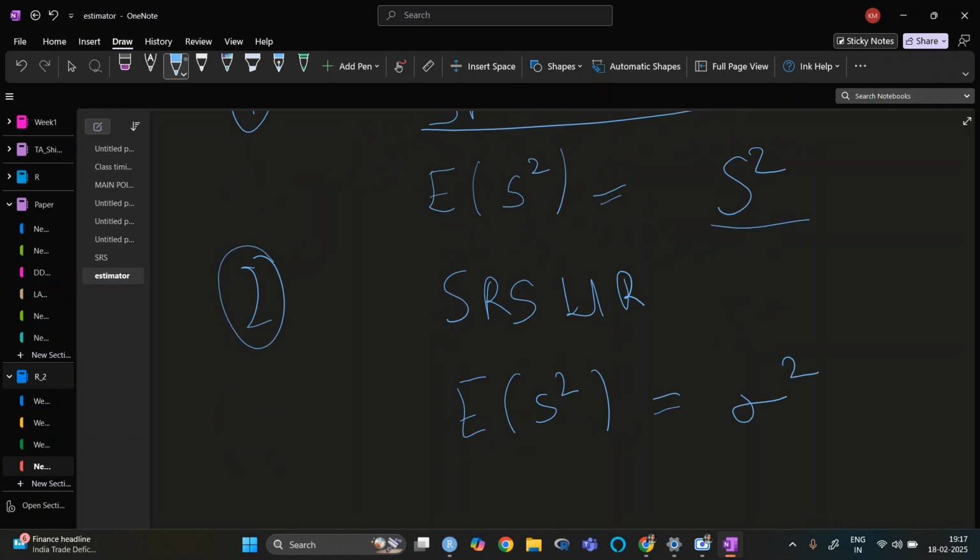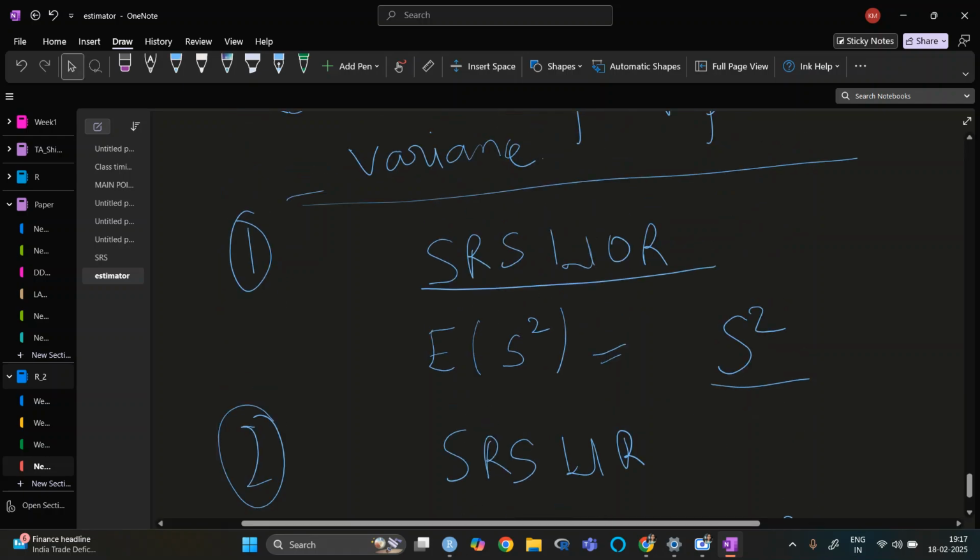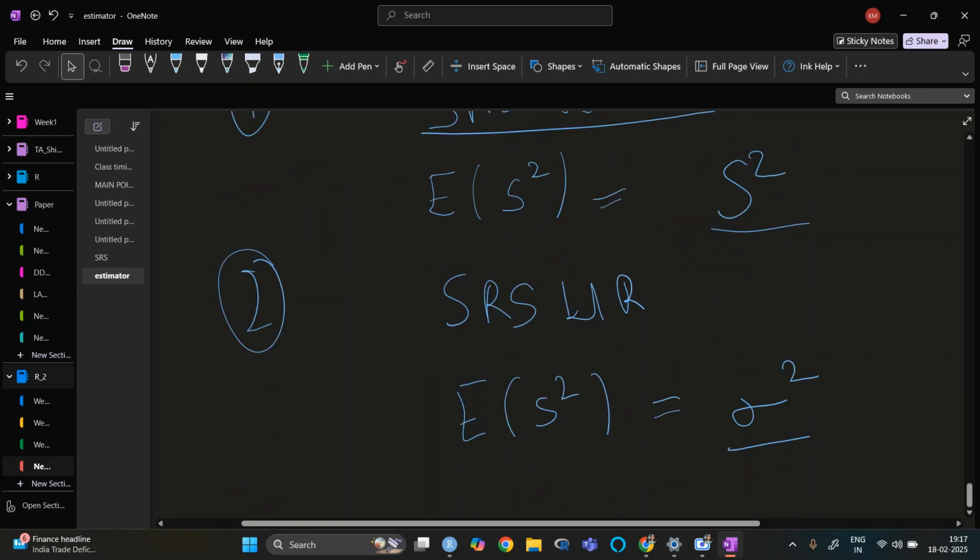So these two we get as S square and sigma square.